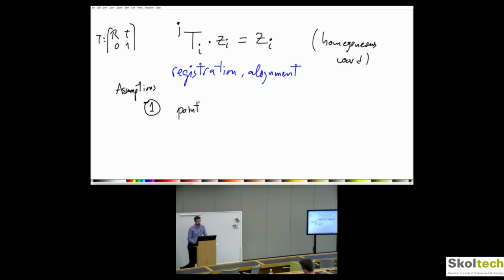Okay, and what is the second assumption that we are making if we have this thing perfectly set? Basically our observations are sampling exactly the same points. So what does this mean?